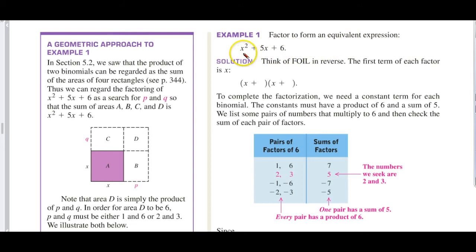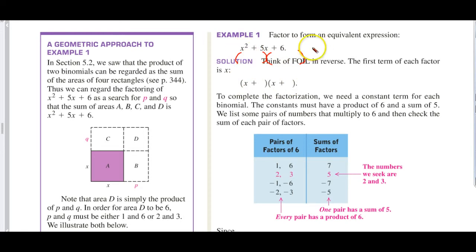So as we see this first term, is it in standard form? That is descending powers, and yes. Is there a factor we can take out of each term? No. Then the next thing we're going to do is put 2 sets of parentheses right underneath it. This is what they're doing here.